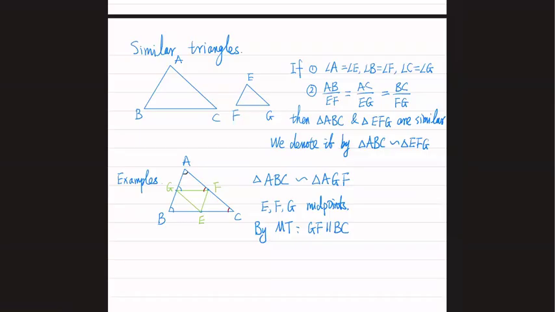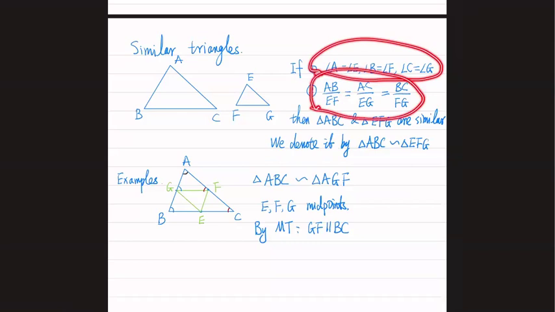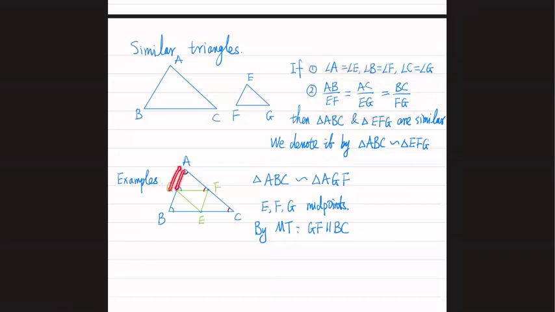So now we have verified the first collection of conditions. Then the next one, we know this is the midpoint, ratio is 1/2. This is the midpoint, ratio is 1/2. And we proved this is half of BC. So the ratio is 1/2.